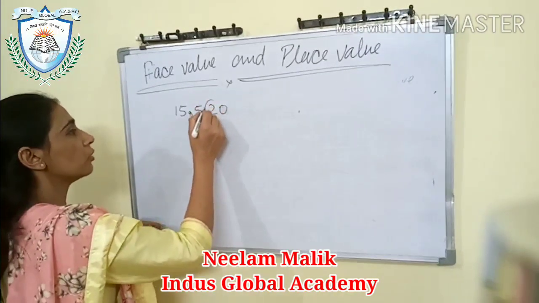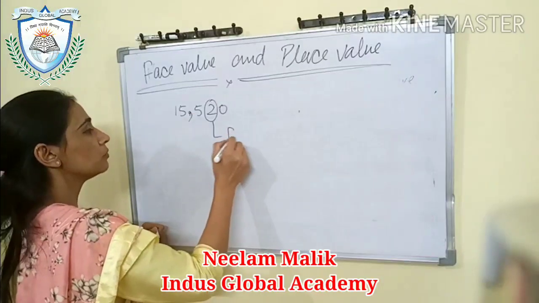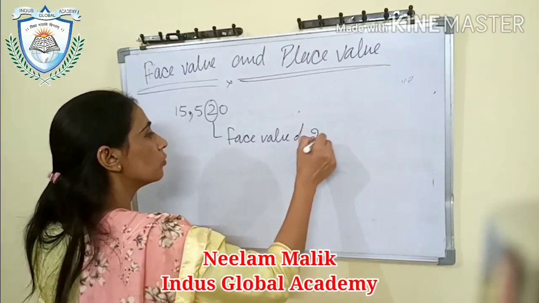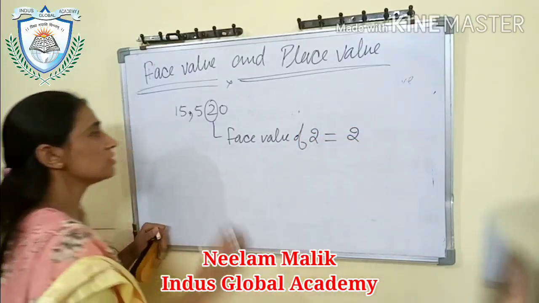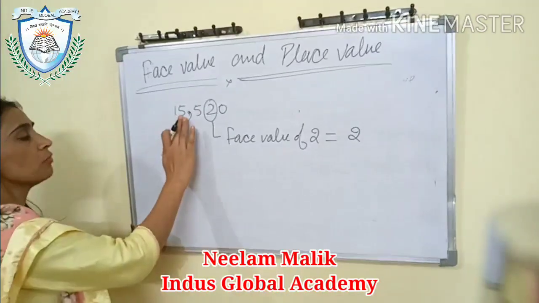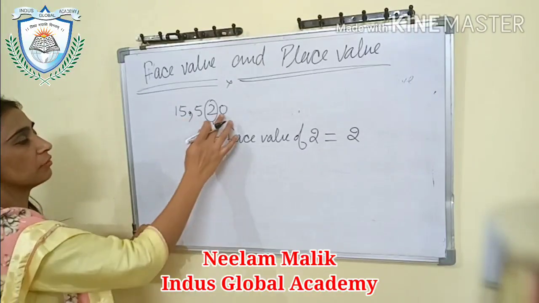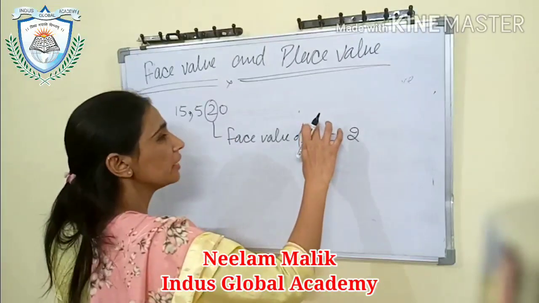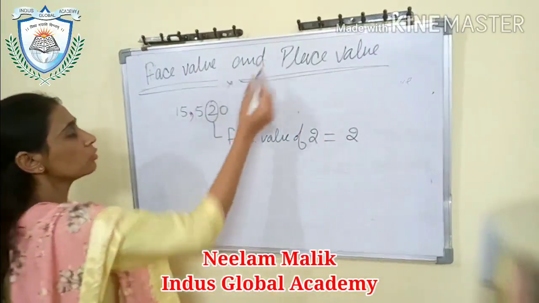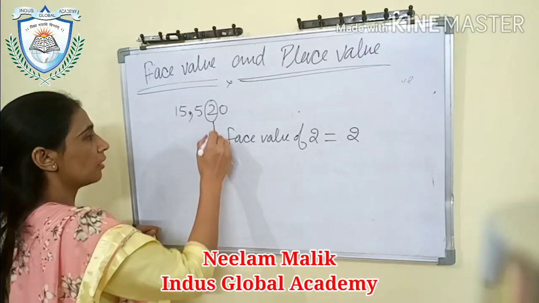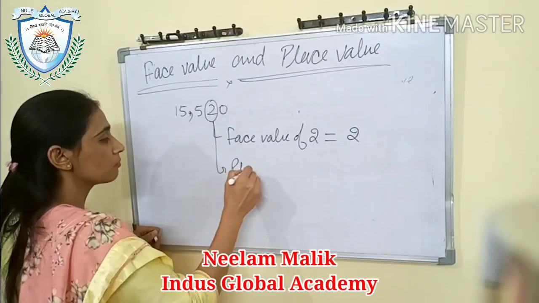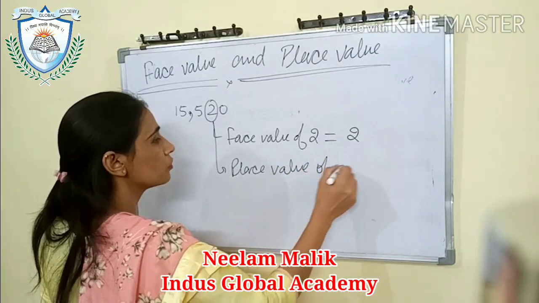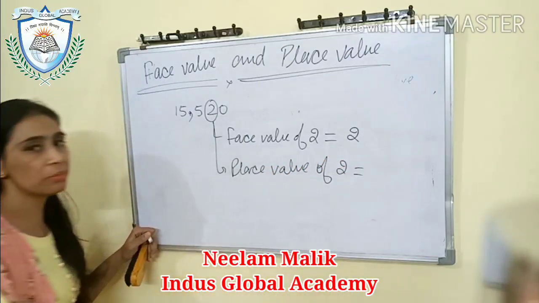Face value of 2 is 2, the digit itself. Face value of 5 is 5. Face value of 1 is 1. Face value of 0 is 0. So the face value will be only the digit. And what about the place value? Suppose I have to find the place value of 2. What will that be?